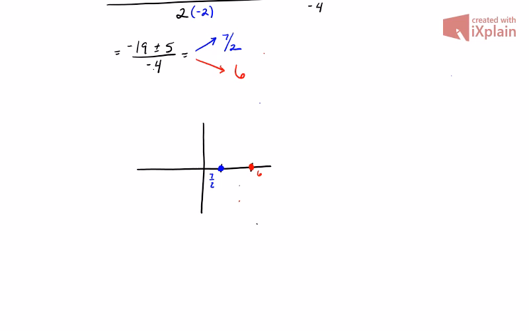So the end behavior of this graph is going to end up being down, down. And we know that the multiplicity in this case, because we're only getting a 7/2 and a 6, plus we are working with a quadratic, it's going to cut through somewhere along those lines.